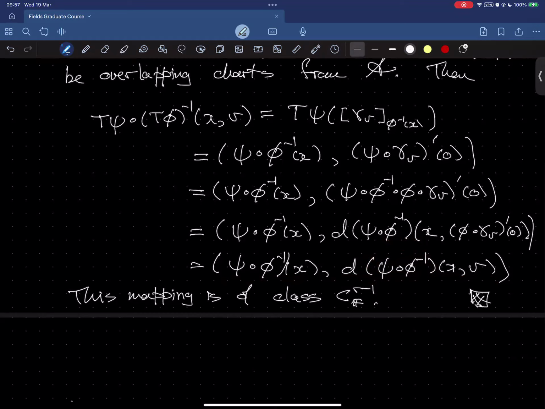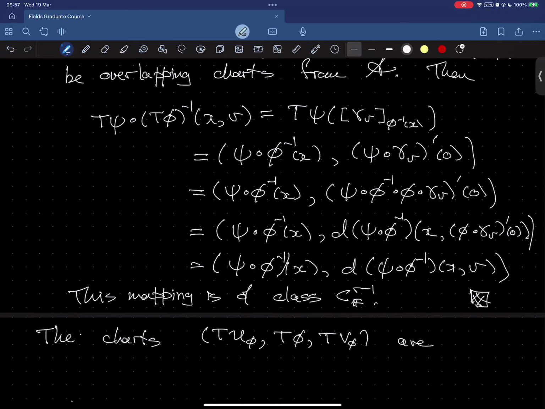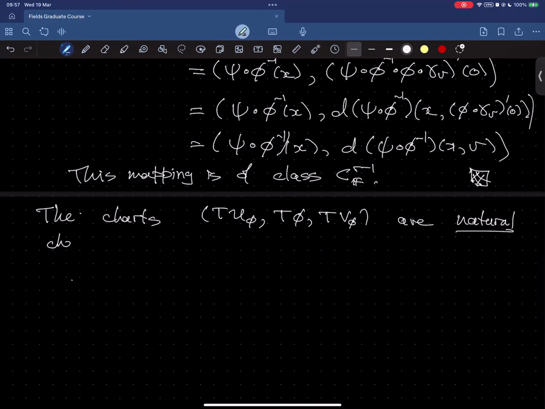These charts, T U phi, T phi, T V phi, are called natural charts for TM.